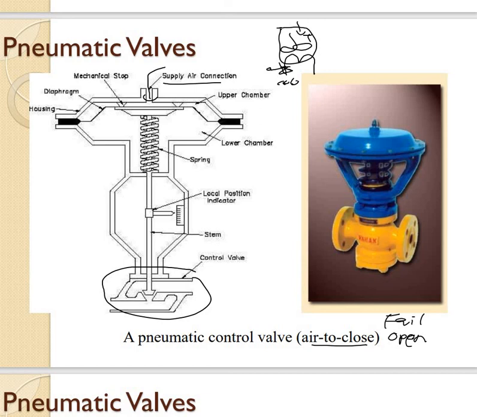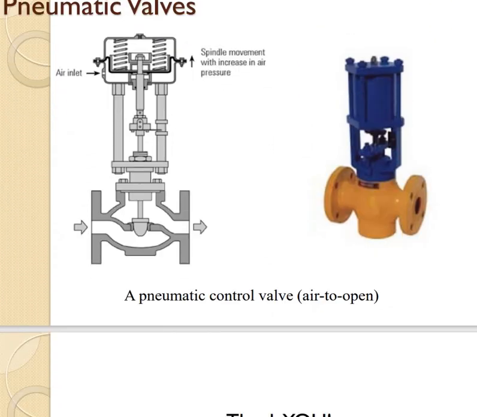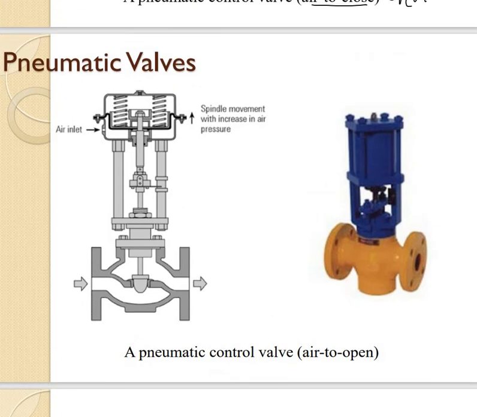If there is any emergency, we cannot use an air to open valve. Air to open valve is the opposite operation compared to air to close. Okay, let me explain in detail. So this is the air to open valve.